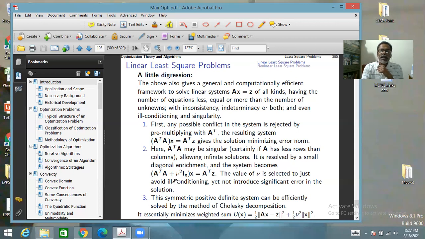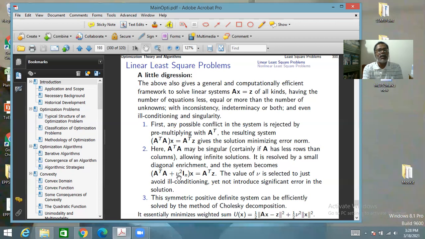Okay, so it was already positive semi-definite, A transpose A. The worst eigenvalue was possibly 0. When you add nu square to it, all the eigenvalues will turn out to be certainly positive, at least nu square.